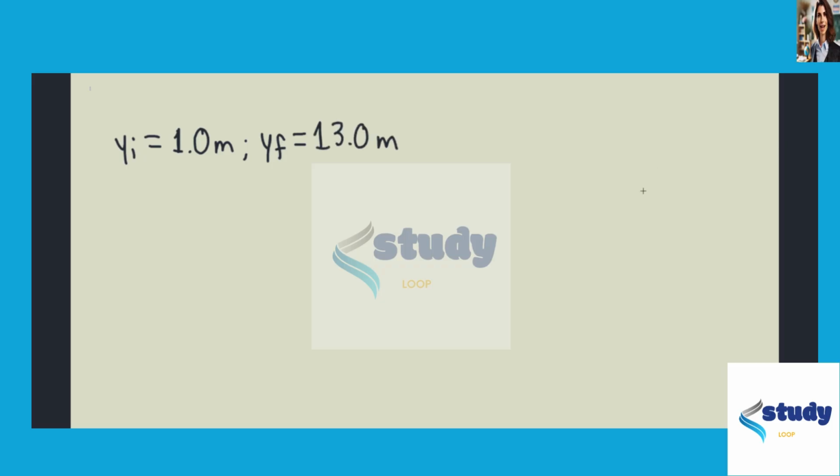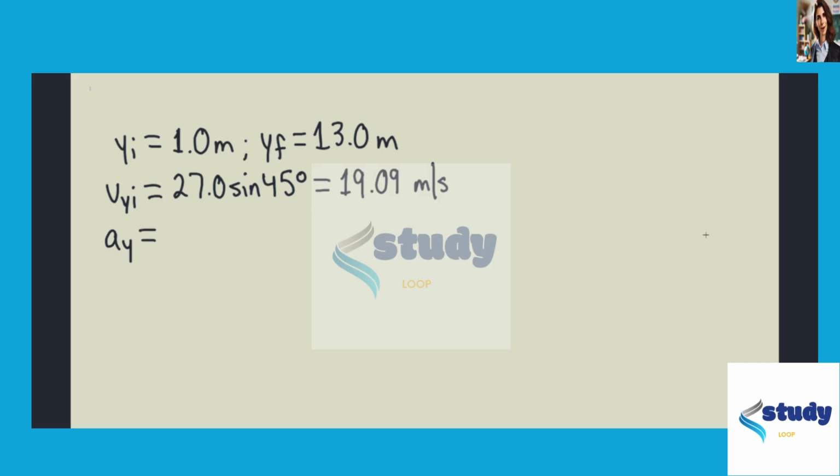We can say that vy initial is then going to be equal to 27.0 sine of 45 degrees. This would be equal to 19.09 meters per second. And we know that the acceleration in the y direction would be equal to negative 9.80 meters per second squared, or the acceleration due to gravity, of course.